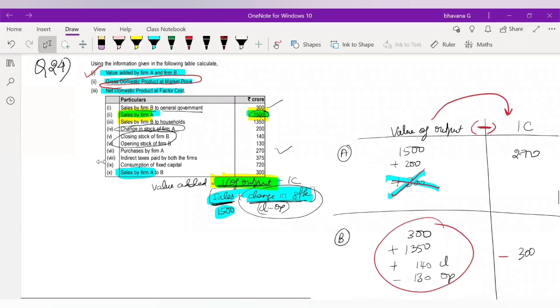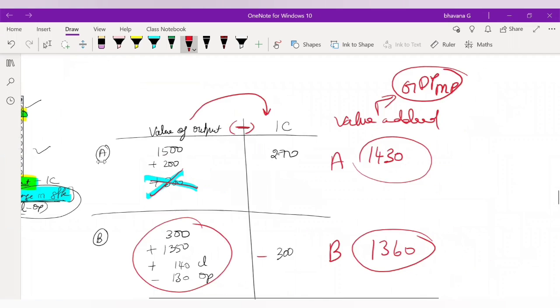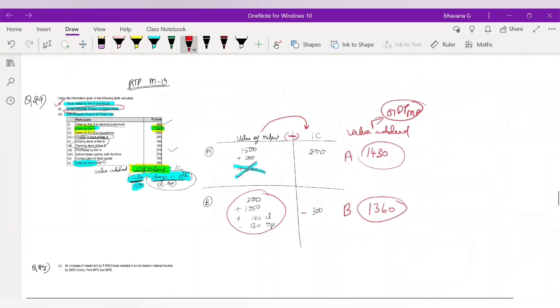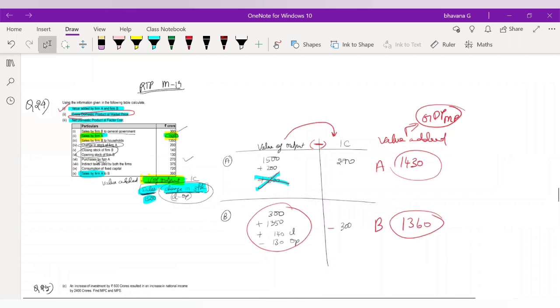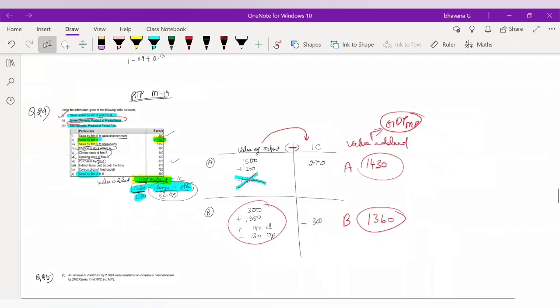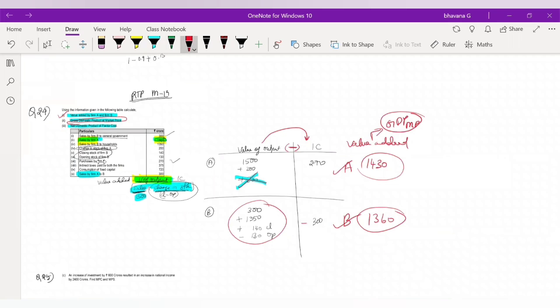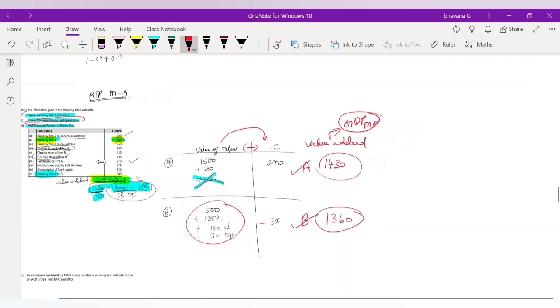Yes. Okay, we're going on the right path. Okay, fine. Gross domestic product at market price, we have found out. Separately also you have found out. So what is the difference between the first and second question? That is where I actually got confused. The difference is that the first question asked for value added by firm A and firm B. Now they have told you to find out GDP MP.